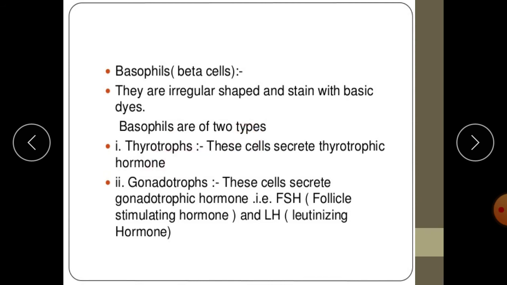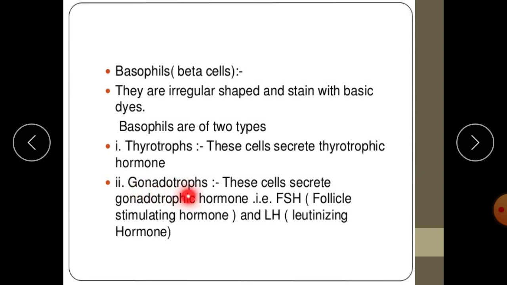Thyrotrophs secrete thyrotrophic hormone, TSH, thyroid stimulating hormone. The anterior pituitary secretes TSH, prolactin and growth hormone. Thyrotrophs stimulate the thyroid gland to secrete thyroxine hormone.